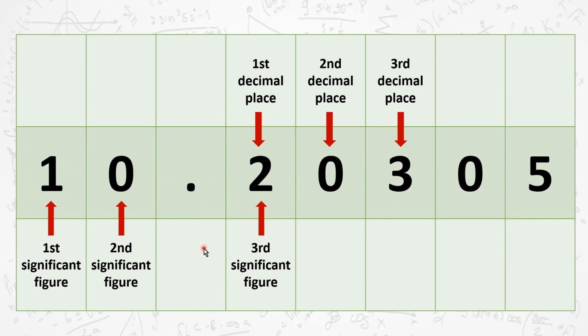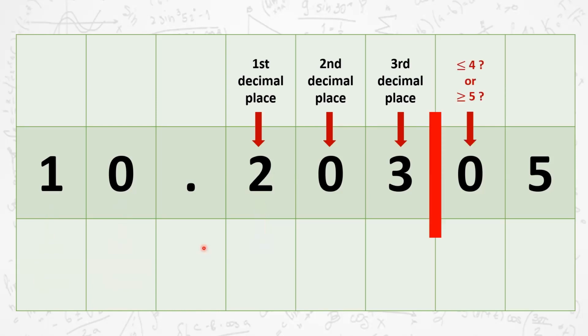Now let's work them out. If the question asks me to write this number correct to 3 decimal places, my cutoff point will be after my third decimal place. I'm only interested in the digit after, therefore I will ignore the 5 at the end and concentrate on this digit.